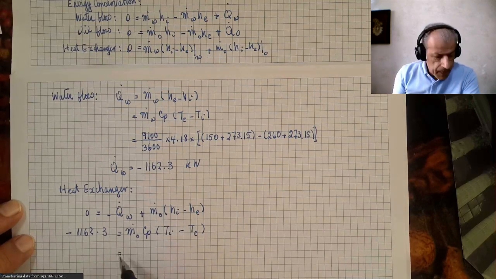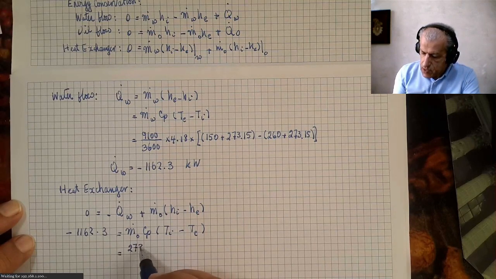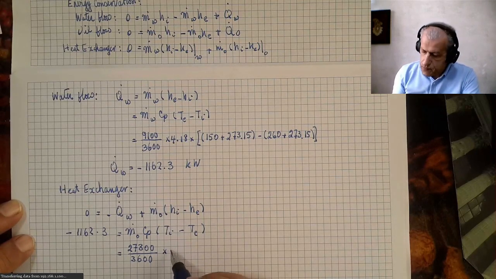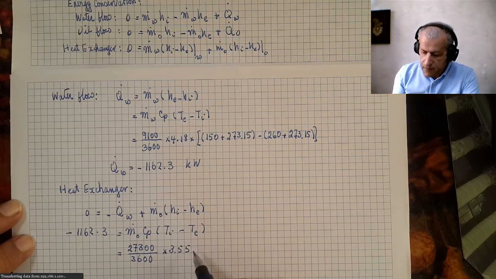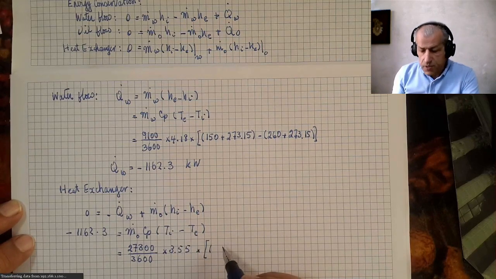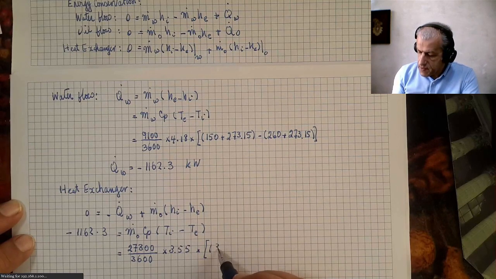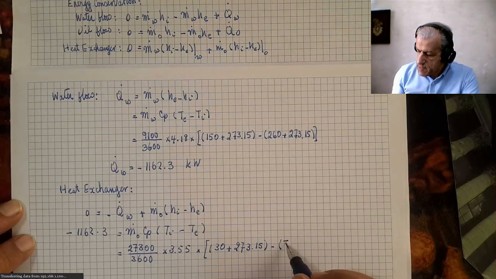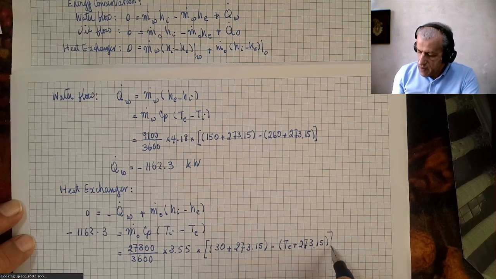which would equal 27,300 divided by 3,600 to turn it to kilograms per second, times 3.55, which is the specific heat, times, and now turn all temperatures to kelvins, 30 plus 273.15 minus TE plus 273.15.